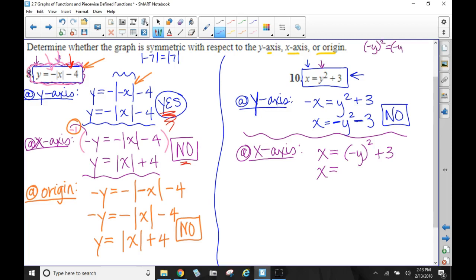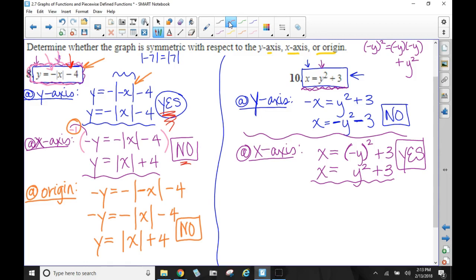It means to take negative y times negative y, and negative y times negative y is actually going to be a positive y squared. So negative y squared is the same thing as just y squared because of the exponent of 2. Bring down the plus 3. And you know what we've got going on here? This thing is equivalent in signs and everything to what we have in the box above. So this thing is going to be symmetric about the x-axis.